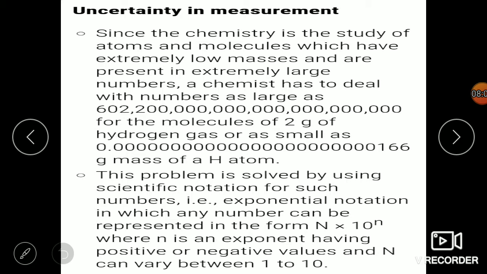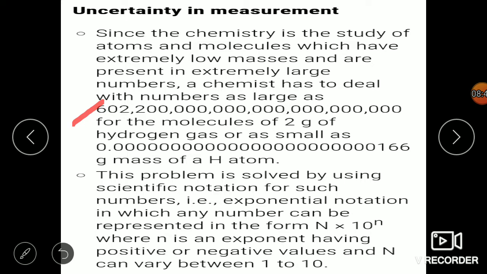So whenever you calculate in chemistry, you might have to deal with a large number like 602, see this number is so big, right. This many molecules or atoms may be present. Avogadro's number is like that, 6.022 into 10 to the power 23. So 10 to the power 23 means that many zeros must be there, that many atoms are there, okay. It's a very large number.